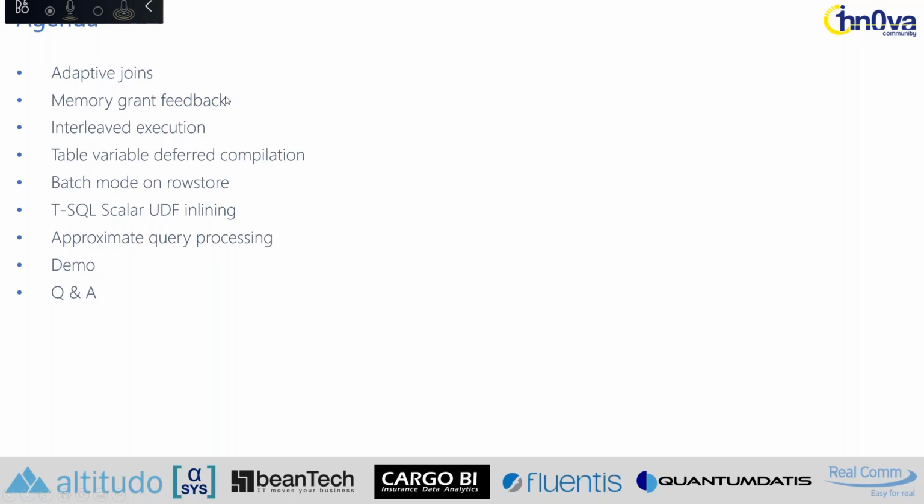I will talk about each of these features, and after each of them, I will have a brief demo to show you how it works and how it handles in action.